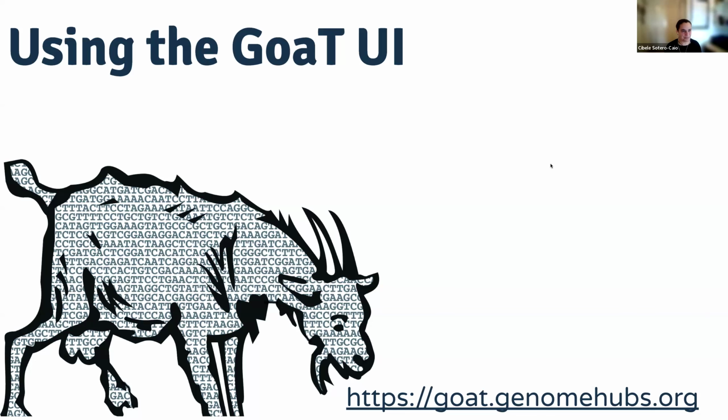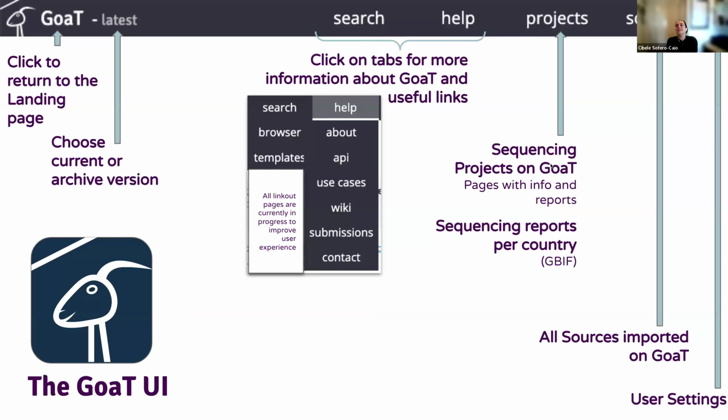The first thing that you should be able to see is that the landing page has these tabs up here, and I'll explain a little bit of what they do. I'm not going to go over the tutorials of every single tab, but we try to create content to help understand how to use GOAT apart from the publication.